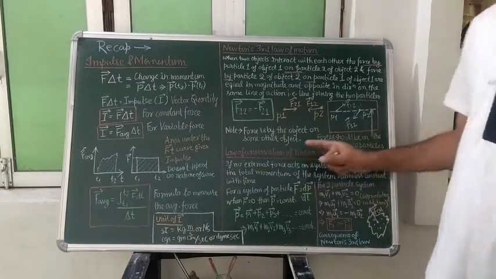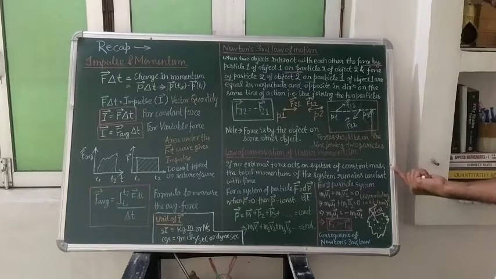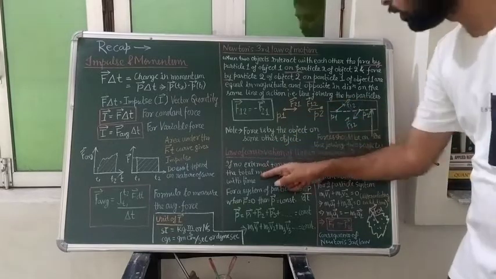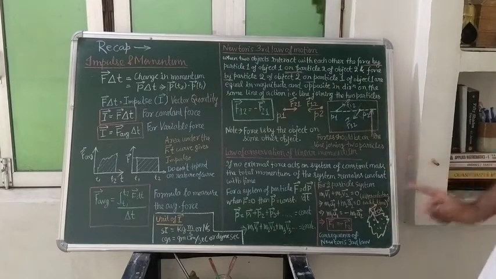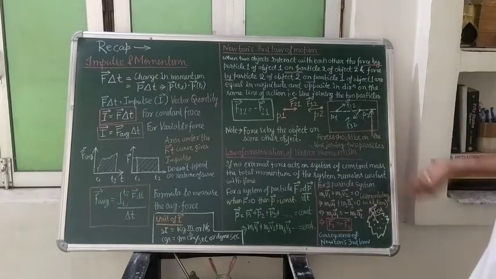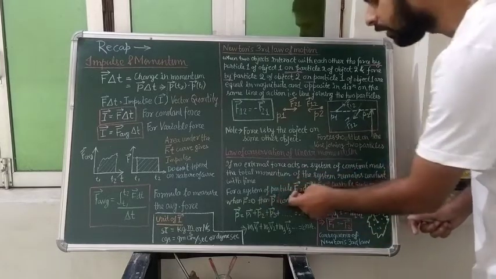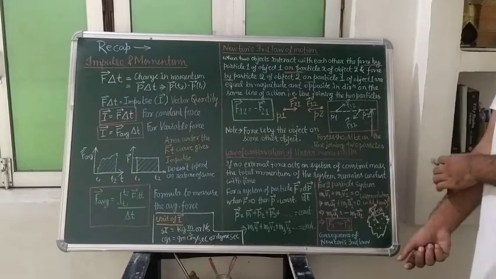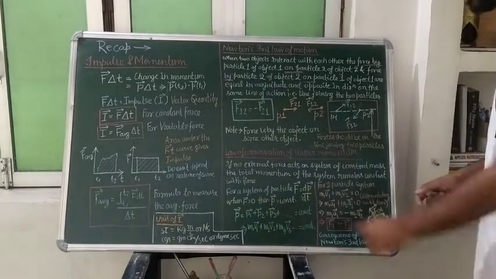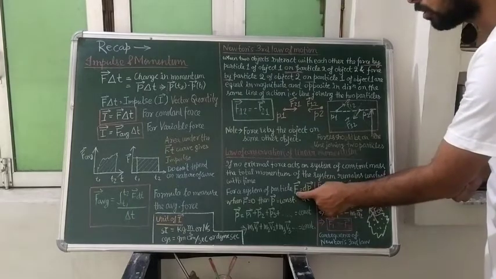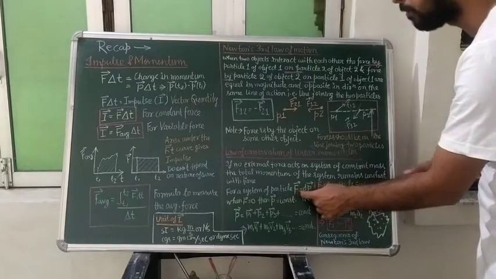So if no external force is acting on the system of constant mass, the total momentum of the system will remain constant. What is force? The rate of change of momentum. And if no force is acting, F will become 0, meaning the derivative of momentum with respect to time will become 0.